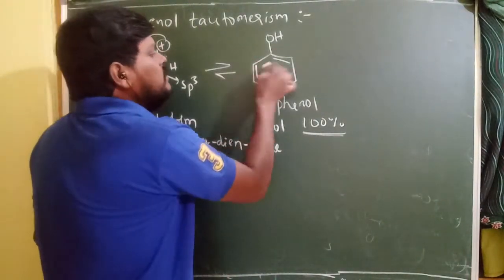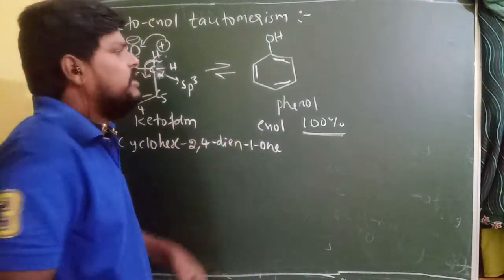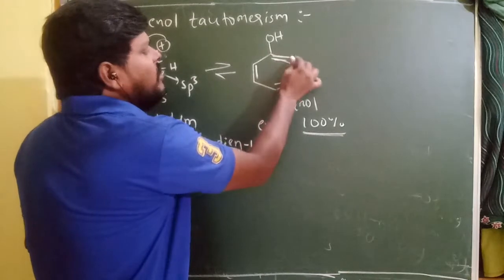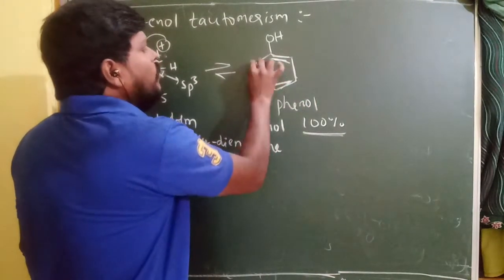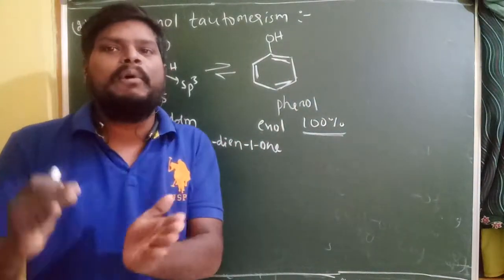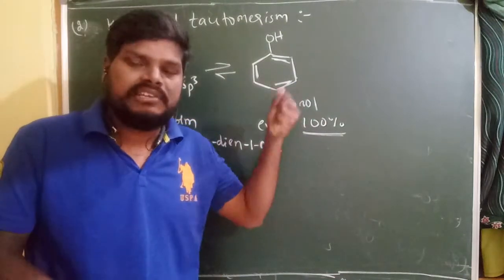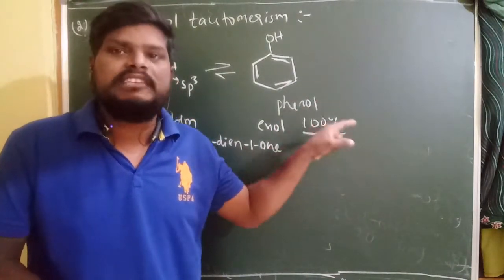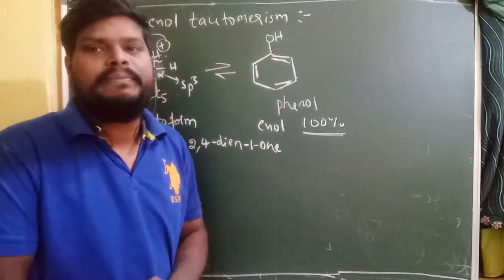This is a conjugation system. Why? Because double bond, single bond, double bond, single bond, double bond and single bond. I told you already in previous classes, double bond, single bond, double bond is a conjugation system. When it is a conjugation system, it exhibits resonance, and with resonance it is highly stable.